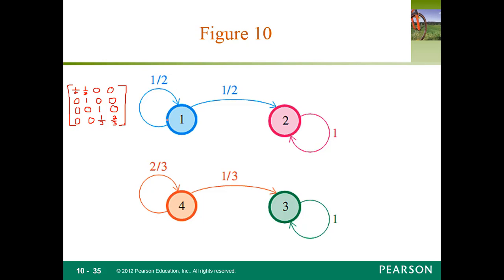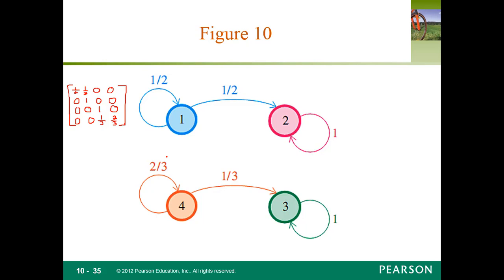Well, this is a non-absorbing state, and it is possible in one or more steps to go to an absorbing state. And likewise, it is possible to go from this non-absorbing state to an absorbing state. Okay, so this is another example of an absorbing Markov chain.